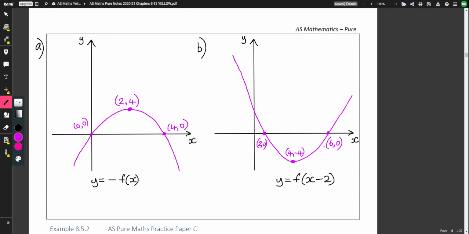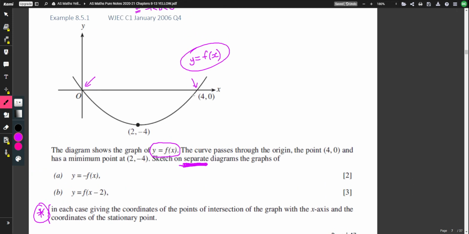Now let's just take a moment to check part B, because it's a common mistake to get this going the wrong way. With the -2, you might think it would move to the left, but actually it doesn't, it moves to the right. So let's go back to our original graph, and how can we use that to check? Well, our original graph tells us, let's start off with this point here, (4, 0).